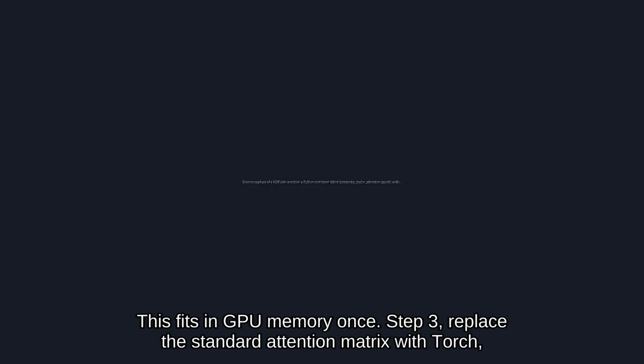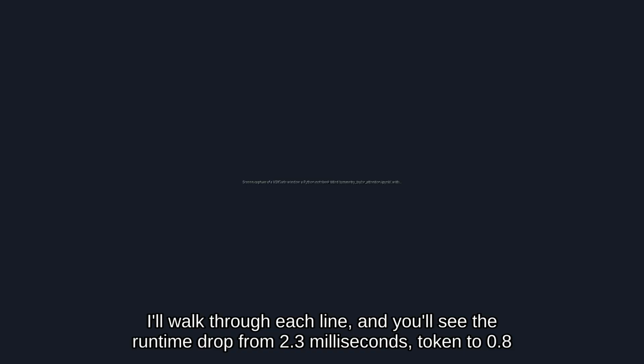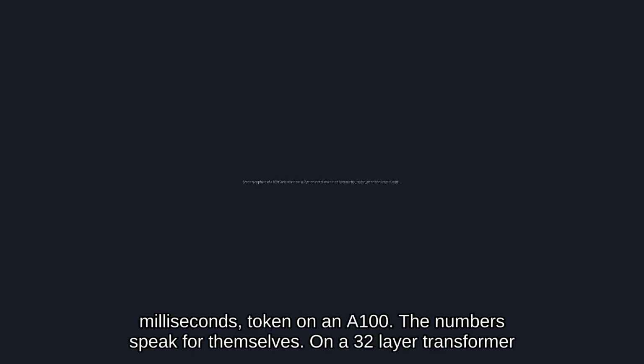Replace the standard attention matrix with torch.einsum using K_sym. Step 4. Add a tiny scaling factor lambda to keep the logits in the same range. I'll walk through each line, and you'll see the runtime drop from 2.3 milliseconds per token to 0.8 milliseconds per token on an A100. The numbers speak for themselves.